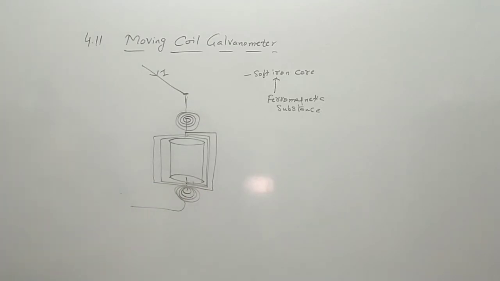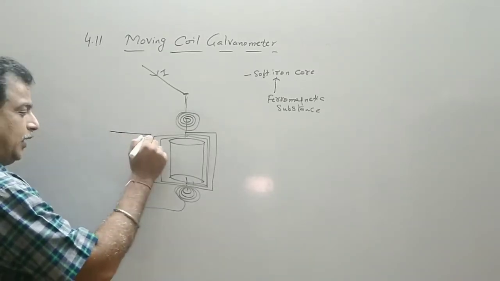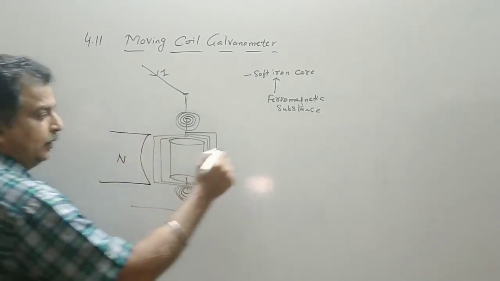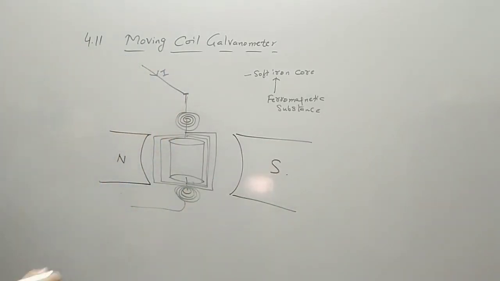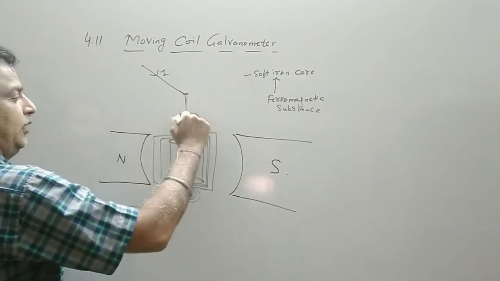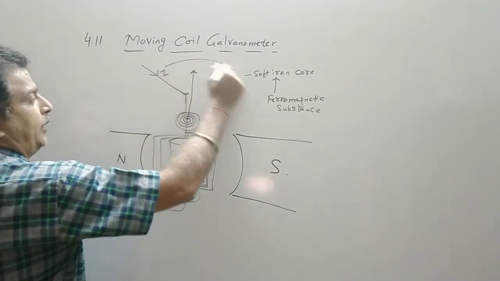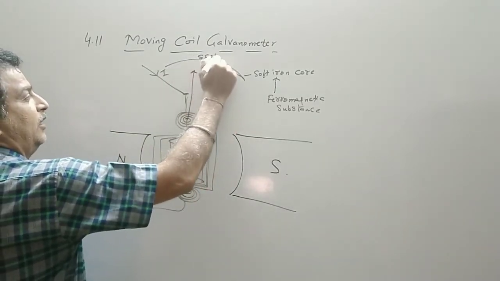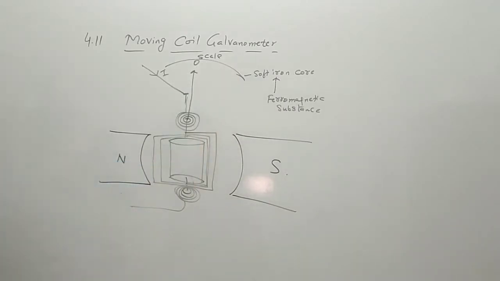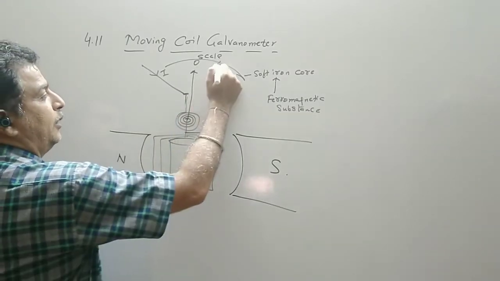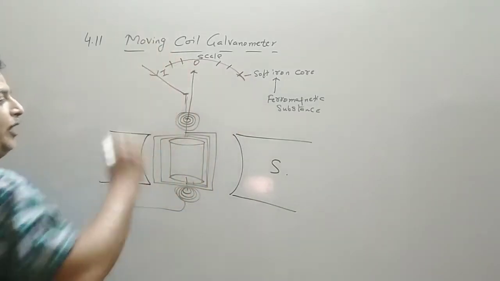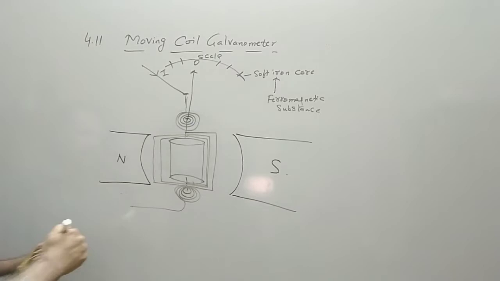It is wound around the pivot. So this is the construction, and again it is kept between the two cylindrical bar magnets. Now when the current enters, this will be the pointer. Here we have a scale. The pointer is initially at 0 when no current is passing, and as soon as the current passes, the pointer starts showing the deflection. So the spring gets compressed.